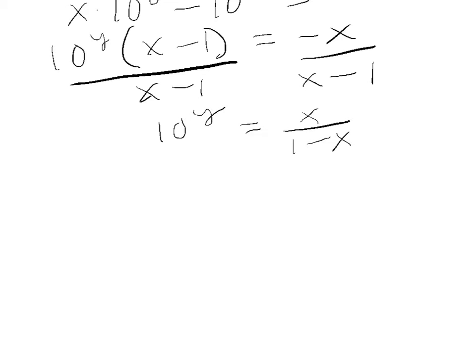So we're going to have log base 10. Now, if I just write log, that is base 10, but I'll put the little 10 in there so you can remember. Log of x over 1 minus x would equal y.